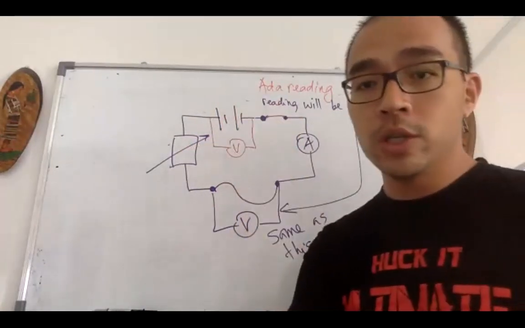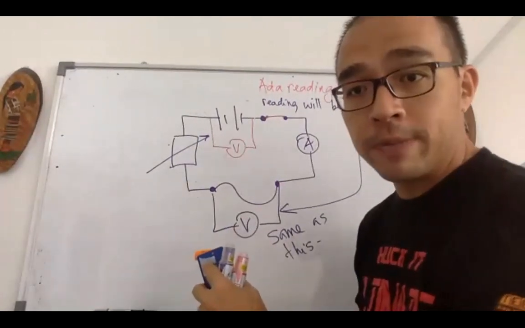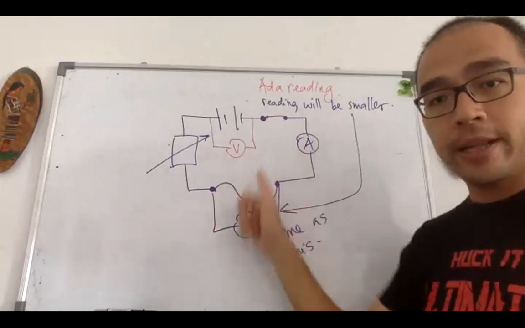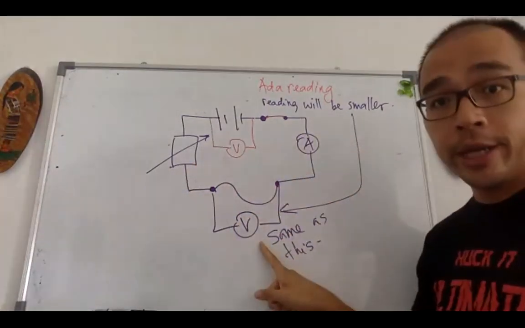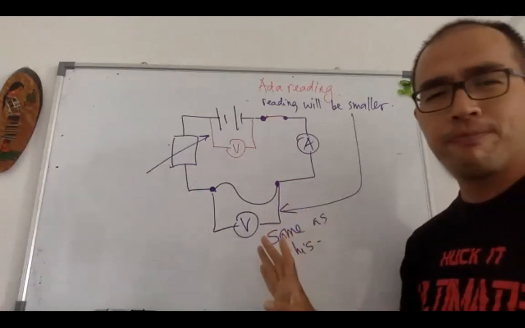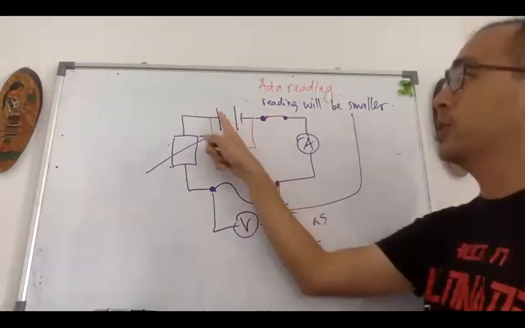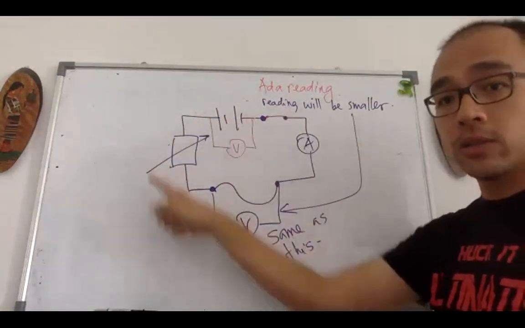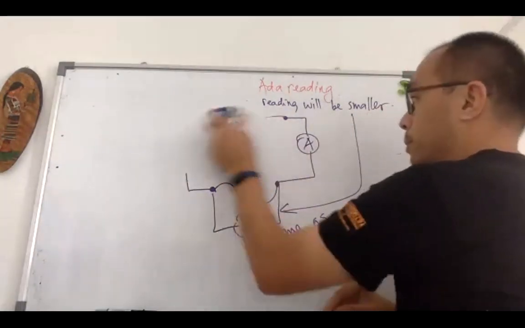Same reading because parallel. Somebody asked me, why do this and this have the same reading? Correct, because this and this are arranged in parallel, but also because there's only one flow in the circuit, so the voltmeter reading is the same.